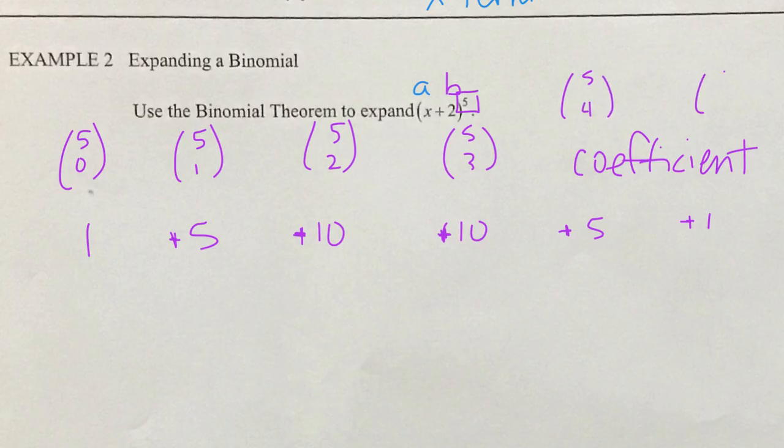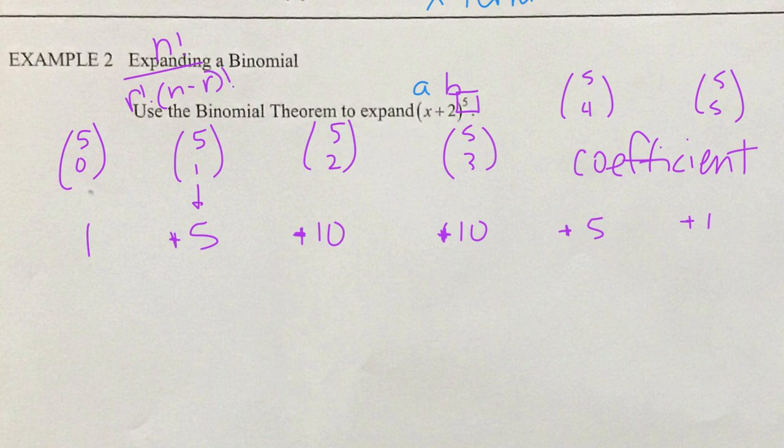There's only one way to choose 5 things out of 5, and that's to take all of them. Okay, so if we didn't have Pascal's triangle, we could calculate that coefficient by using our factorials that we just learned a second ago. Right? We could always calculate that term if we didn't know it, which we might do later.